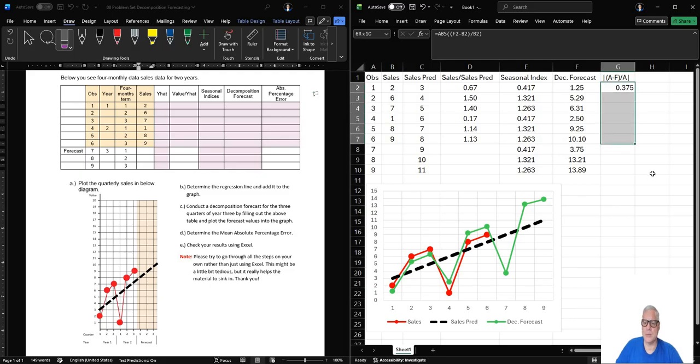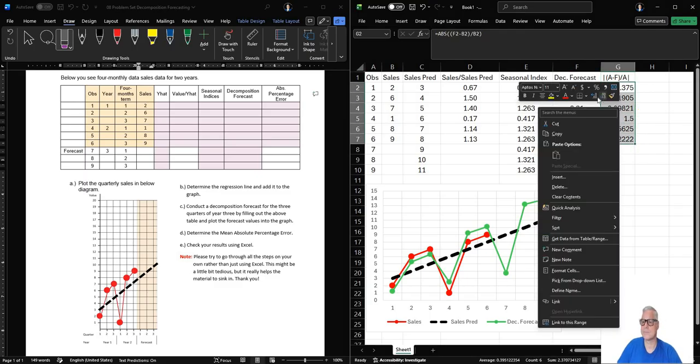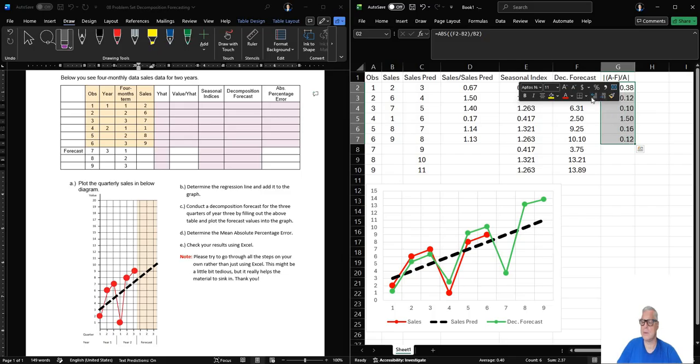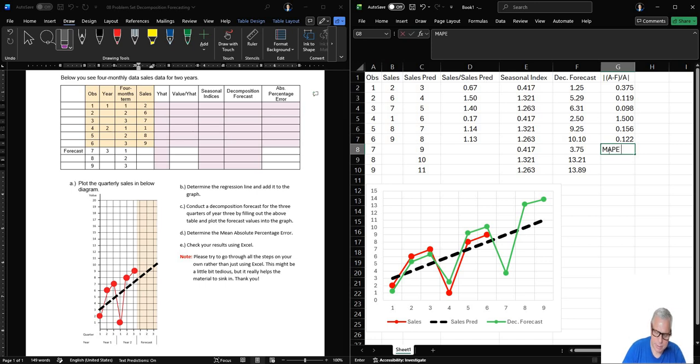Okay, and of course I can only do that for the first 6 observations, so the 2 years. And then we can calculate the average. Okay, and then the MAPE based on the decomposition forecast is equal to the average of all those absolute percentage deviations.